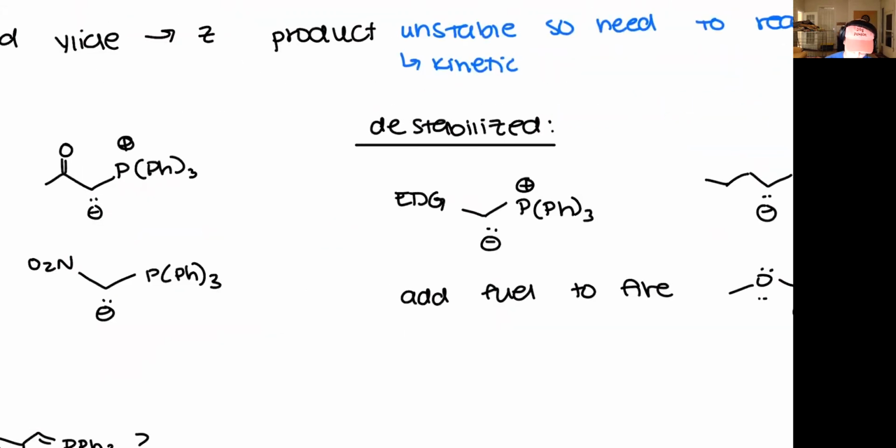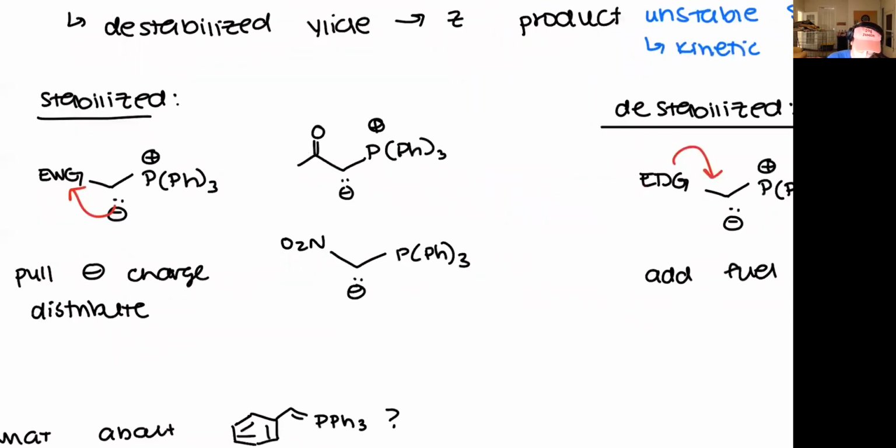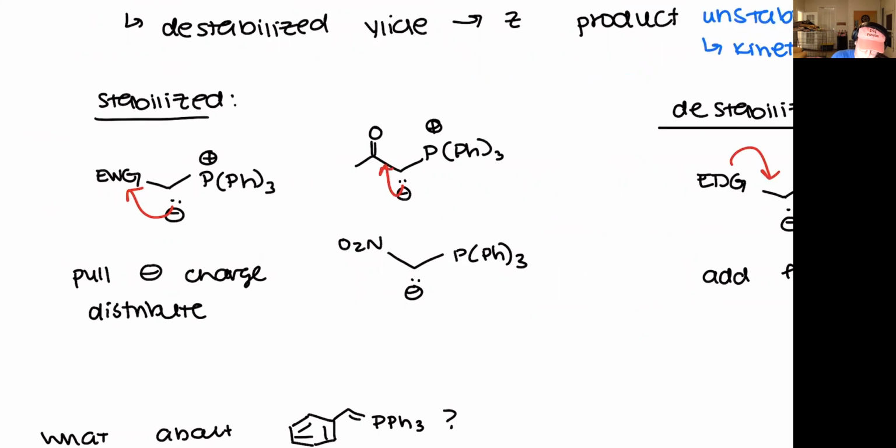If we want to destabilize our ylide, we'll add an electron donating group. This will actually add fuel to the fire. It's already negative, it's already unstable, so if we add more electrons to the system, it will make the ylide even more unstable. With some examples, we have a stabilized ylide because we can draw this resonance here.